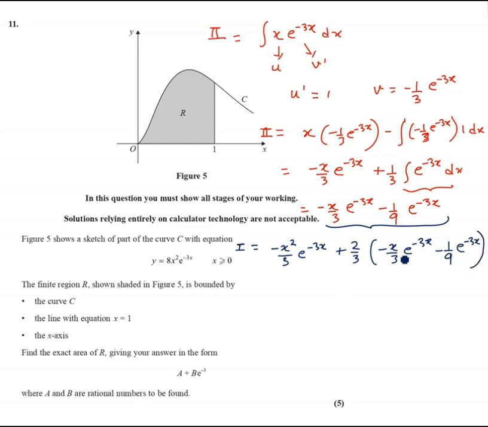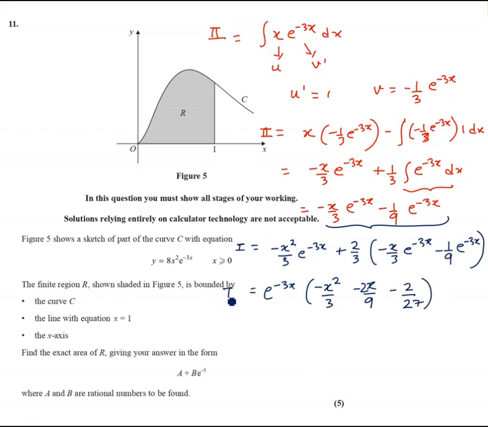It looks like we can pull e to the power minus 3x common. Yes, we can take e to the power minus 3x common. And then this becomes minus x squared by 3. And 2 by 3 times minus x by 3 will be minus 2x over 9. And then minus 2 over 27.